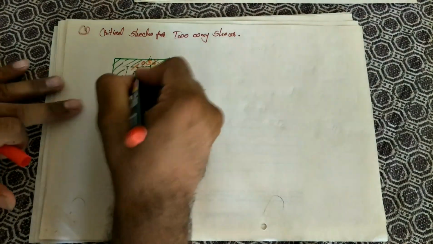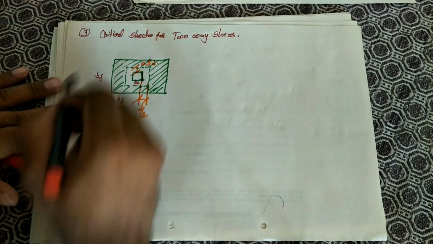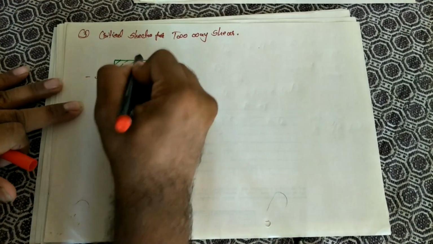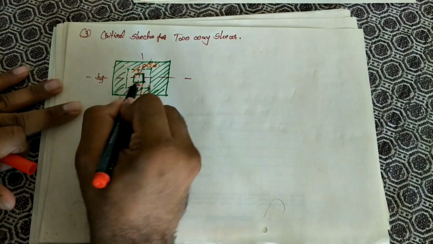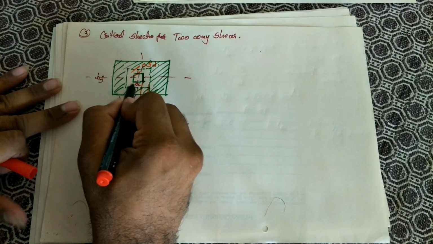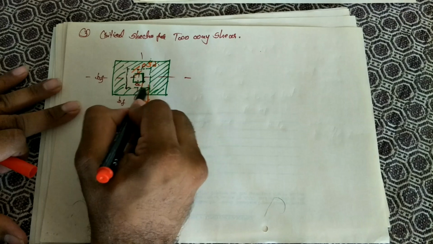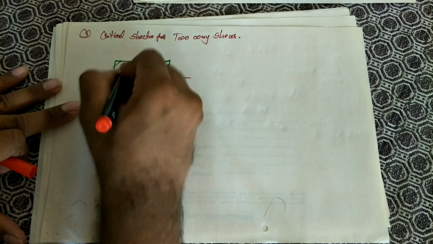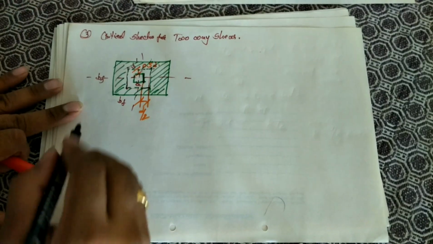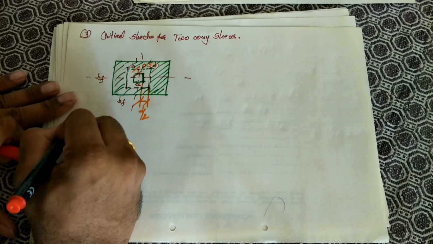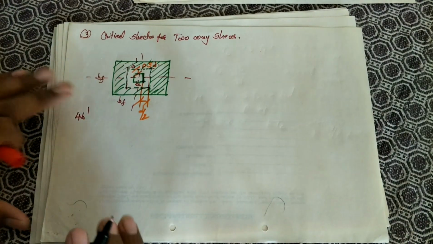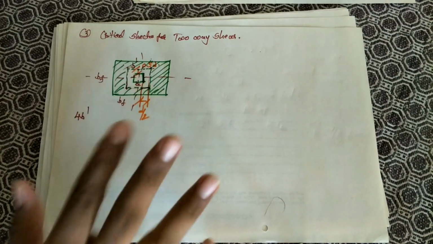So you can say this is the width of your column, this is the width of your footing, and this is the width of your column. So this one edge, this one edge, this one edge and this one edge, one edge is b dash. So we can say it is 4b dash, the critical section we have on four sides. That is the length of your critical section, 4 times b dash.